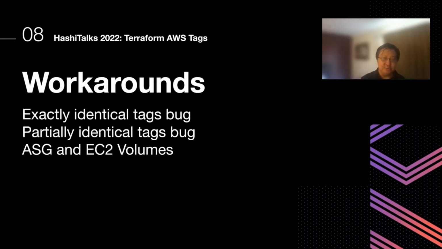So in order to work around and in order for default tags to work with these resources, you have to do special things along with it. The main idea is that you would get the default tags using the data source to either loop through it, access individual keys, plug it into where you need it to be.